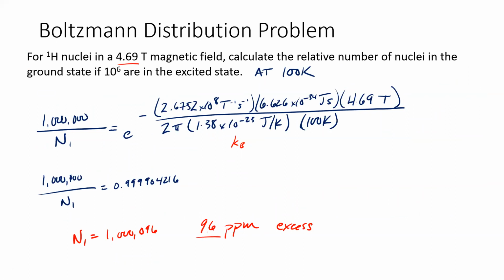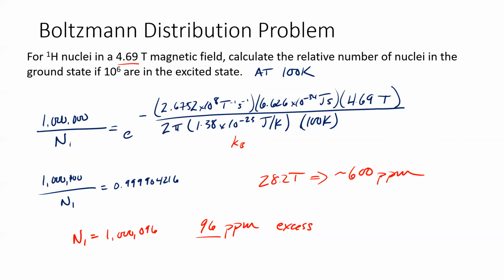Just so you know, a 28 Tesla magnet under the same conditions would have almost 600 ppm, right? And so you have a factor of 6 difference.